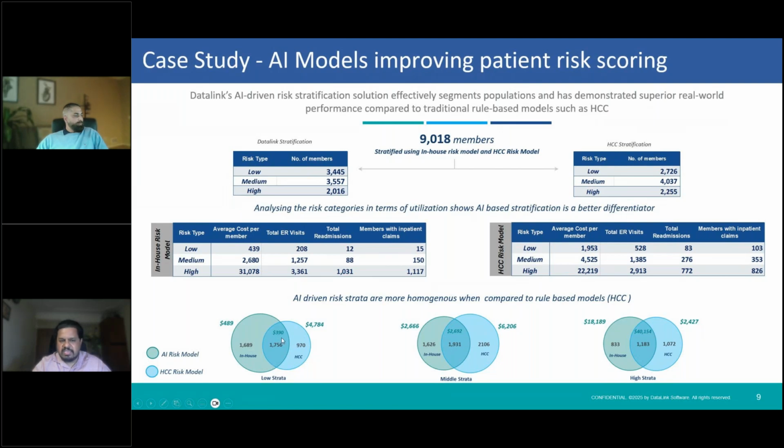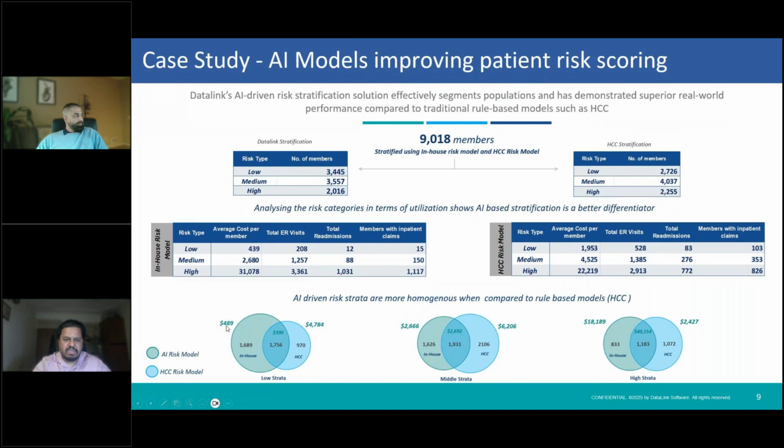Now consider the additional 970 members that the HCC model thought were low risk. If you consider their average cost, it is around $4,784. So basically they are quite far away from the overlapping members.